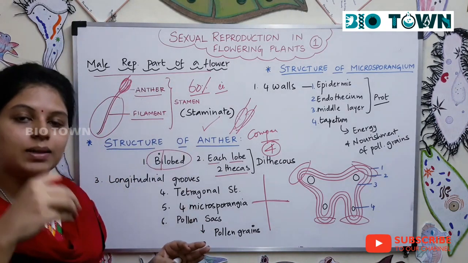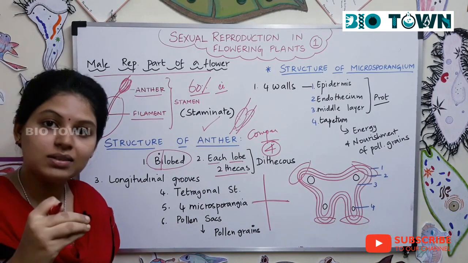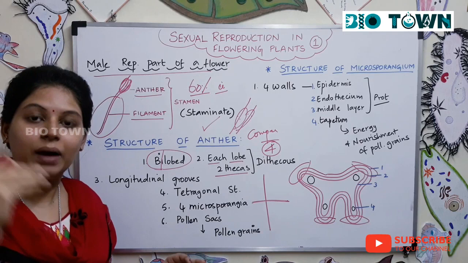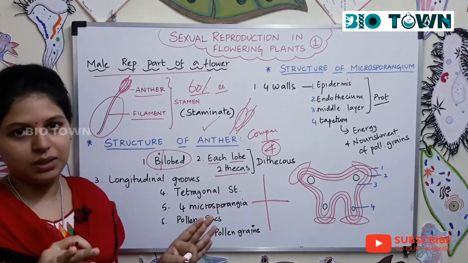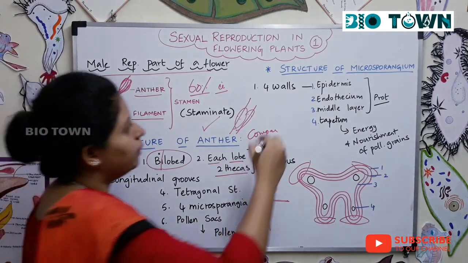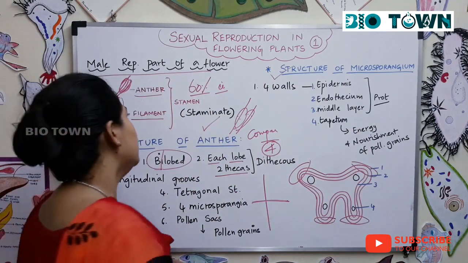Now pollen grains develop inside the pollen sac. This pollen sac is present in the microsporangia. Now we'll see where this microsporangia is present. That is why we are studying the structure of the microsporangium.